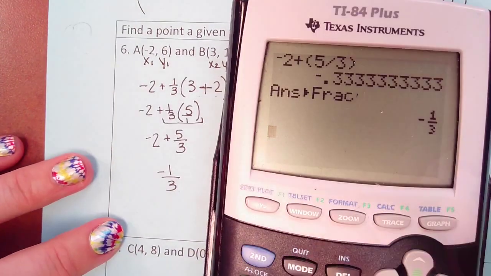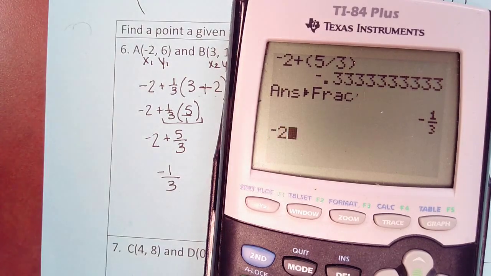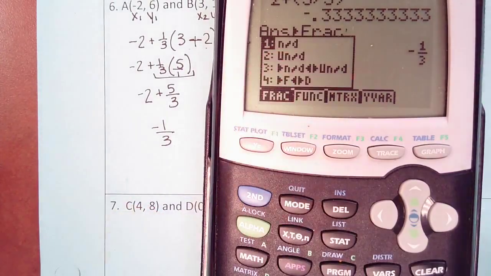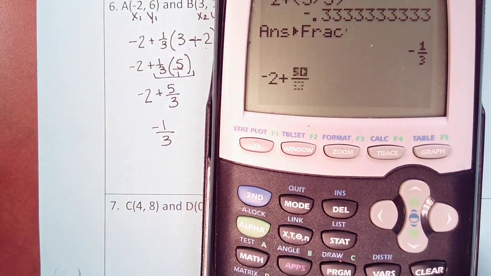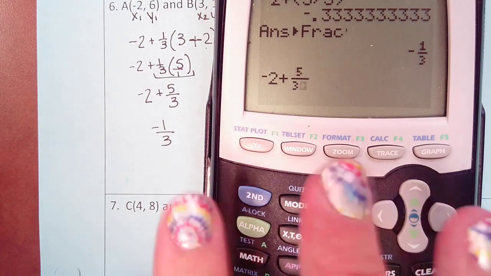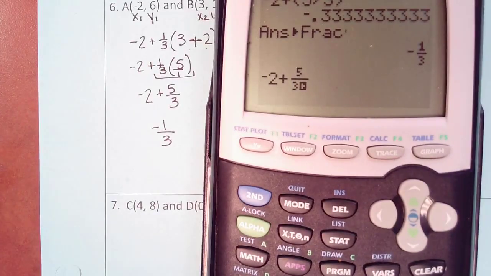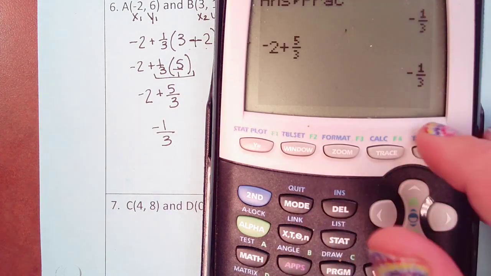Okay, so another way to do it is you could do -2 plus, and then you could enter in a fraction. So alpha y equals, this first one, enter 5 over 3. Multiple calculators are able to enter in this fraction. I know my other calculator does it a little bit different. Then I would get -1/3.